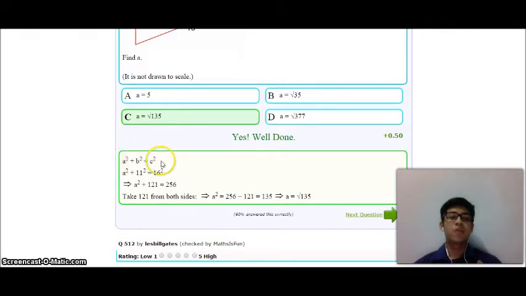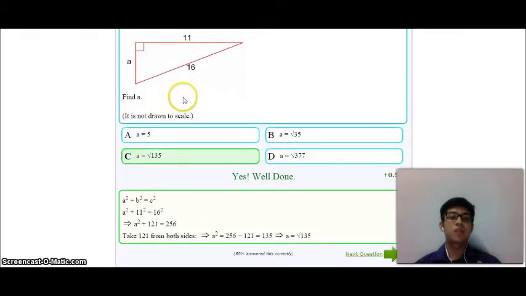We still use the same formula, a squared plus b squared equals c squared. We transfer the information given and calculate it through, and we get the answer: a equals the square root of 135. As we can't simplify the value of this, we just keep it as the final answer.